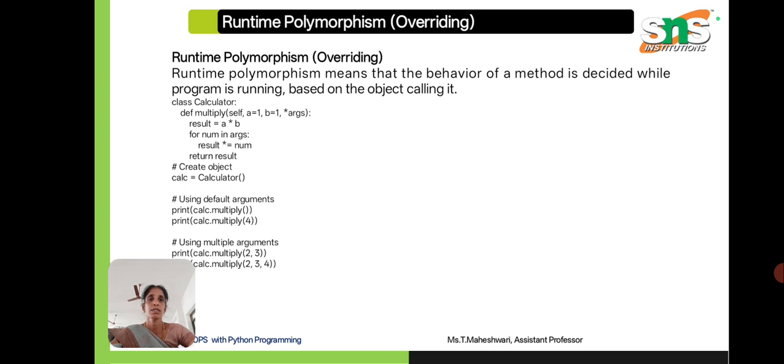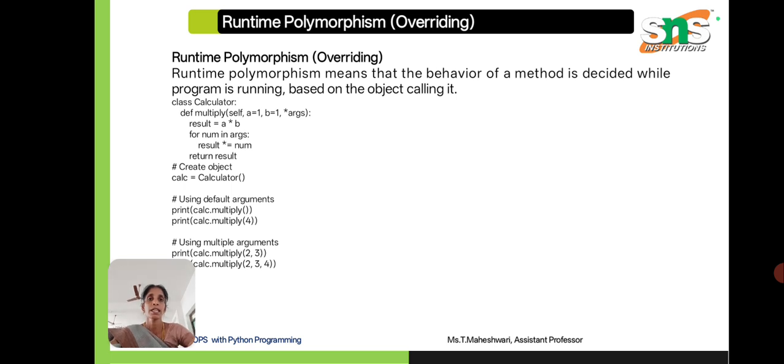For that I am using two arguments, a equal to 1 and b equal to 1, and then I am going to print the result of a star b, where the result value is stored in num. So for num in args, result star equal to num, return result. When I call the multiply function, it will multiply the values of the assigned arguments and return the result of multiplication.